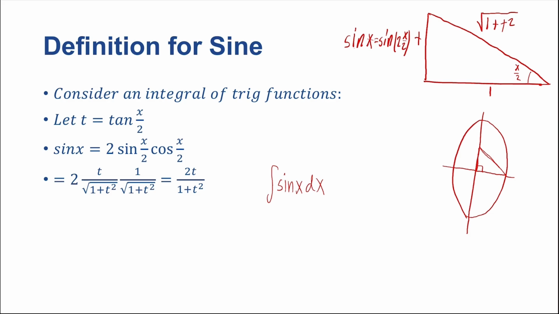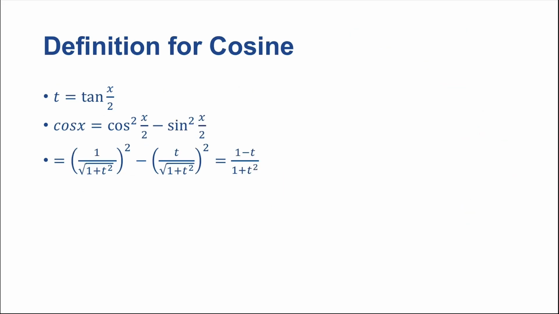All right, now let's move on to cosine. Cosine is pretty much the same ballpark, the same monster. We get our same triangle with sides 1, t and square root of 1 plus t squared, and this is still x over 2, so t is still tangent x over 2. Cosine of x equals cosine squared of x over 2 minus sine squared of x over 2.